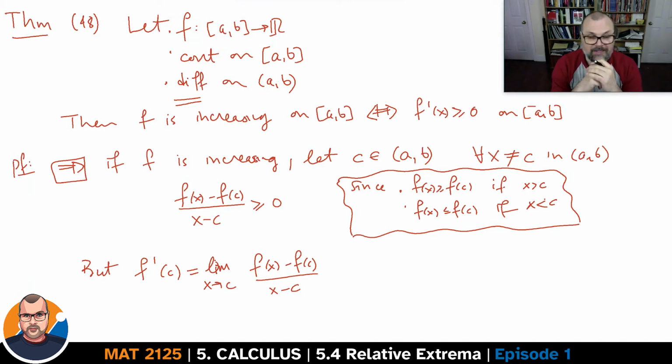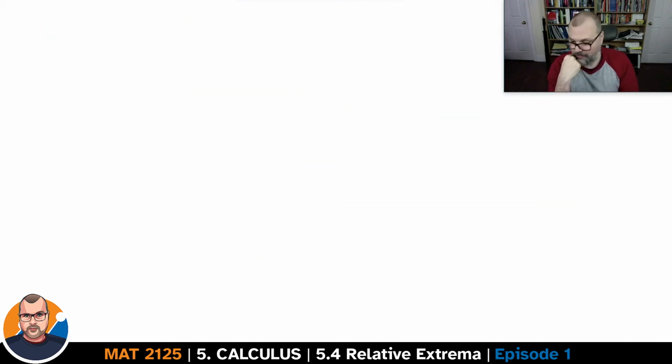By one of the properties of limits, this means the derivative has to be greater than or equal to 0: each of these terms is greater than or equal to 0, no matter where you are in the interval, and the limit of these terms has to be greater than or equal to 0. So we've proved one direction.